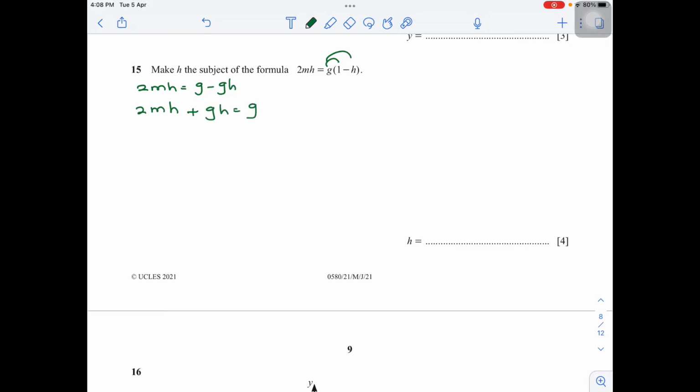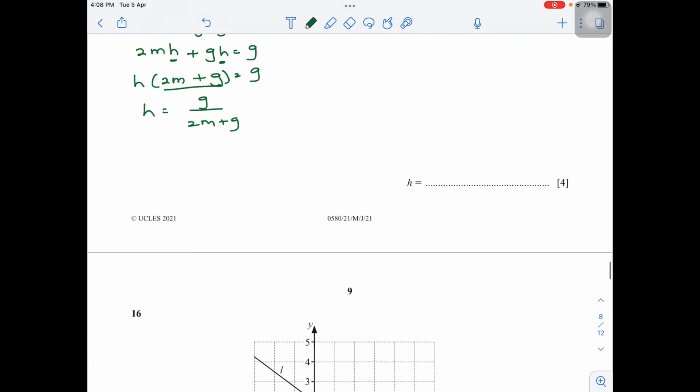Everything without h should go to the other side. Now take h common. So h times the remaining terms, 2m plus g, equals g. Send it to the other side. So h is g over 2m plus g.